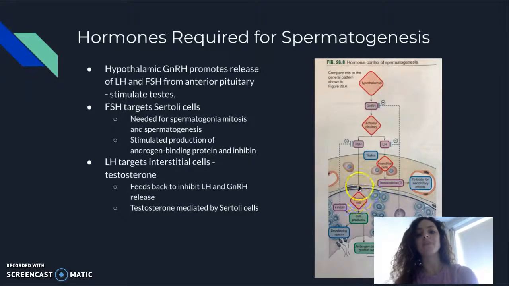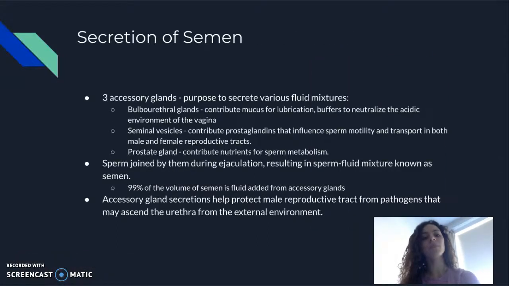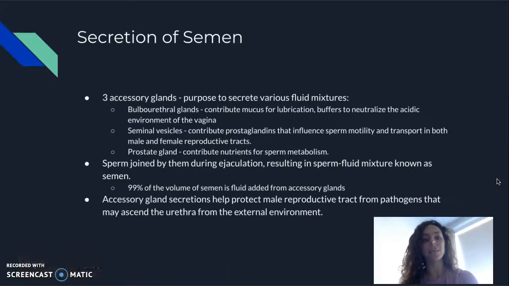And then the Sertoli cells will produce those cell products like inhibin or the developing sperm, as well as the androgen binding protein. So finally, once those sperm are mature, they'll be secreted.